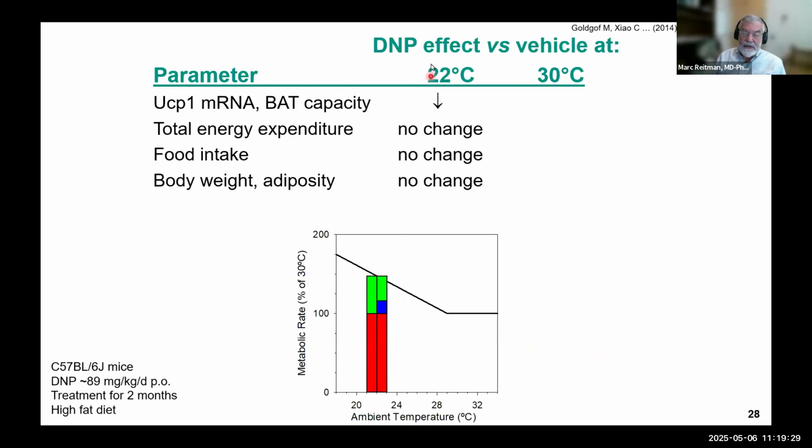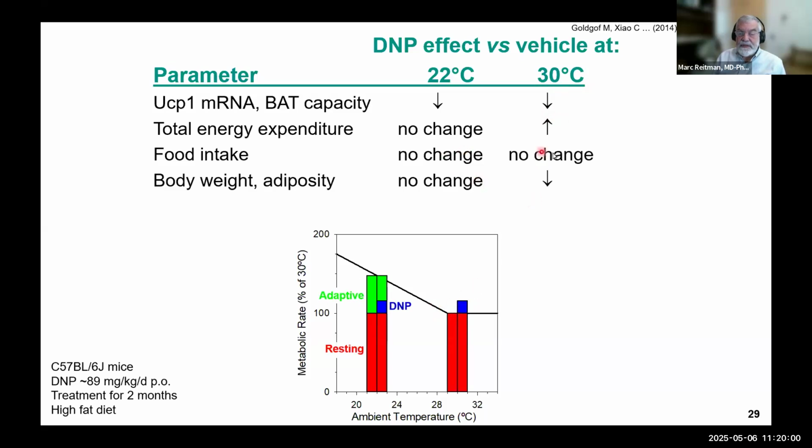So what happens if you treat with DNP at 22 degrees is you reduce the brown fat capacity, but there's no change in total energy expenditure, no change in food intake, no change in body weight or adiposity. If instead you do the exact same treatment at 30 degrees, there again is a reduction in brown fat capacity. Now you see the increase in energy expenditure because you couldn't turn down the cold-induced thermogenesis.